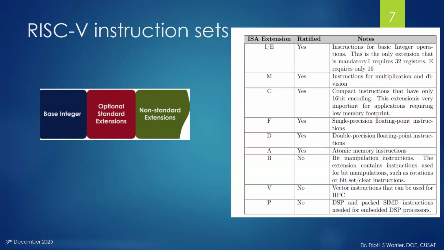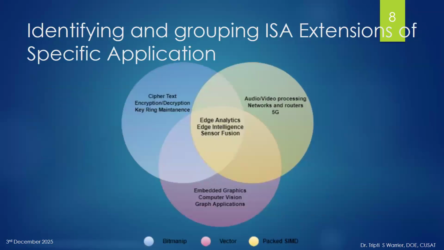When you say frozen, it is highly likely that it remains the same without any addition or subtraction. And finally, when you say ratified, it means that the RISC-V group has accepted it and there will be no further change in that instruction set. So some of these instruction sets have been ratified and will not change. Some of them may change. Different versions will come based on whether they are frozen or stable versions. So that is how it is.